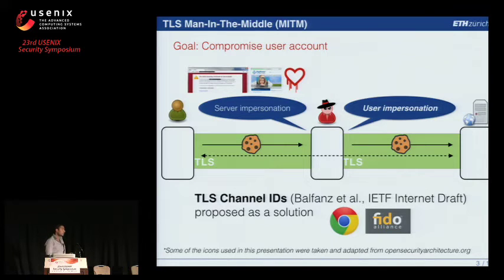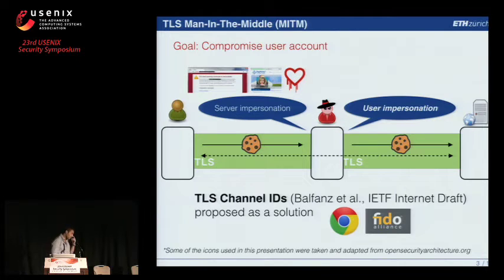This proposal is interesting because it has already gained some traction, and specifically Google Chrome and Google servers experimentally support this technology. Also, I don't know how many of you are aware of the FIDO Alliance. Can you please raise your hands? Okay, not so many.